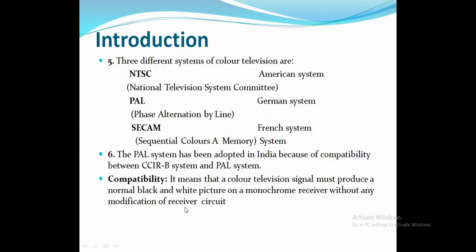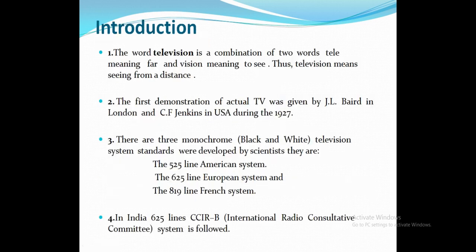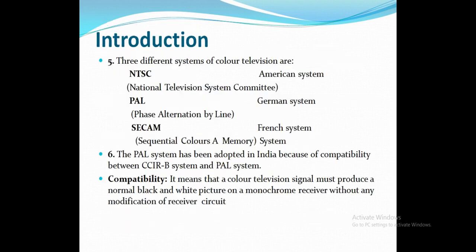So what is meant by compatibility? Here we have two types of systems: the color TV system and the black and white, that is monochrome, system. In monochrome we have three standards, and in color TV we have three standards.